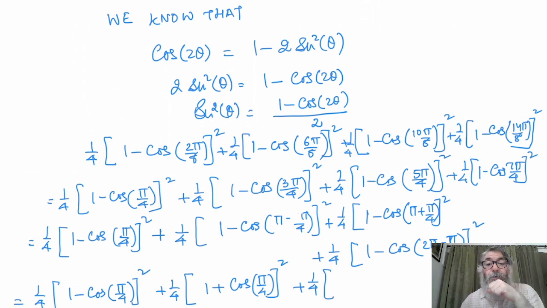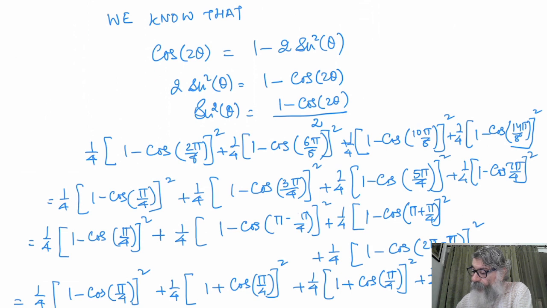In the third quadrant cos is negative, because only tan and cot are positive, the rest are negative. So it will become 1 plus cos pi by 4 whole square. And cos of 2 pi minus pi by 4 will come into the fourth quadrant. In the fourth quadrant cos is positive, so it will remain 1 minus cos pi by 4 whole square.